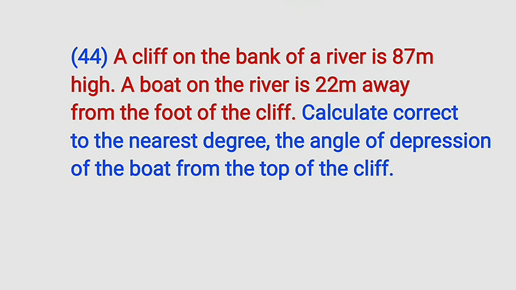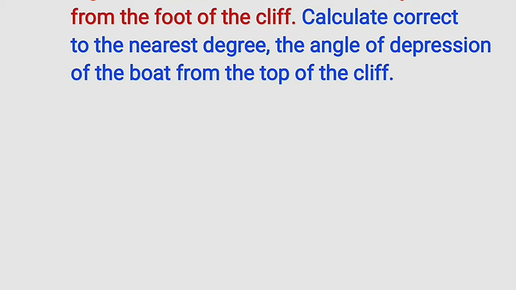Now, question number 44. A cliff on the bank of a river is 87 meters high. A boat on the river is 22 meters away from the foot of the cliff. Calculate correct to the nearest degree the angle of depression of the boat from the top of the cliff. All right, let me make a sketch here as well.